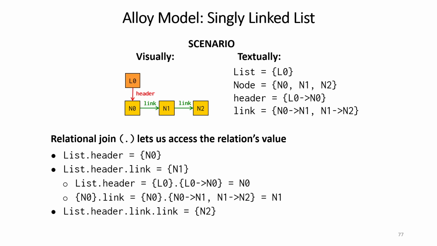But this n1, where was it? Sorry, the header was n0. Actually, the header list.header was this n0, and here we have the n0 and n1. So this means we contract this n0 out and preserve the n1.